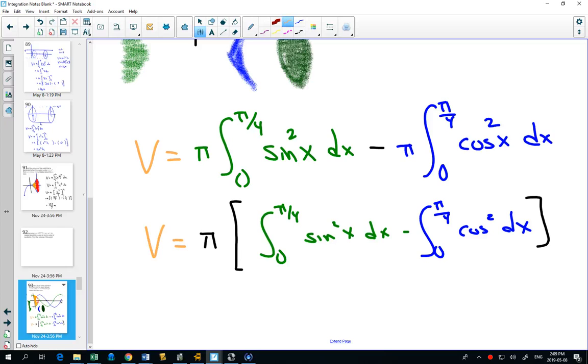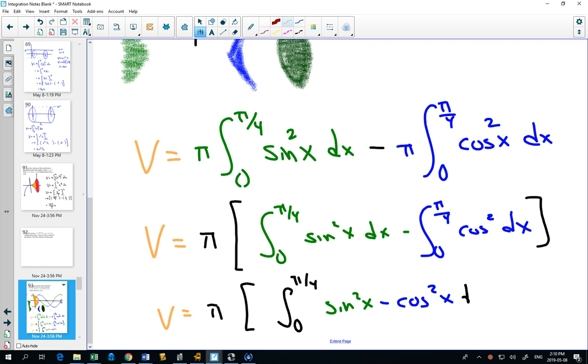And if I wanted to, I could just make this one integral from 0 to pi over 4 of sine squared x minus cos squared x. Any ideas here?